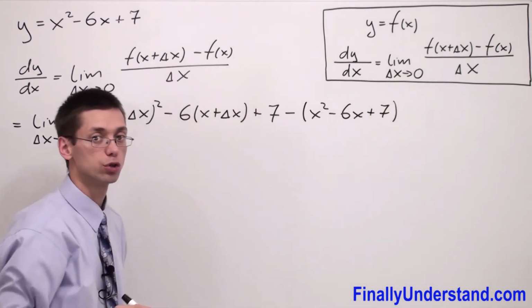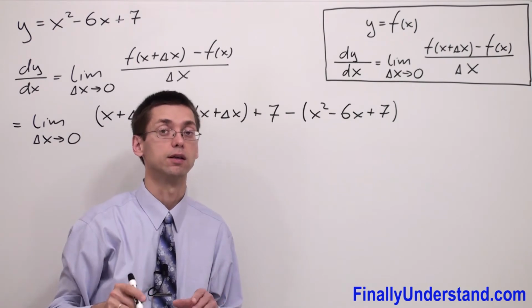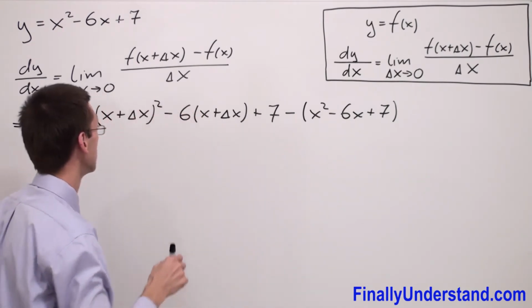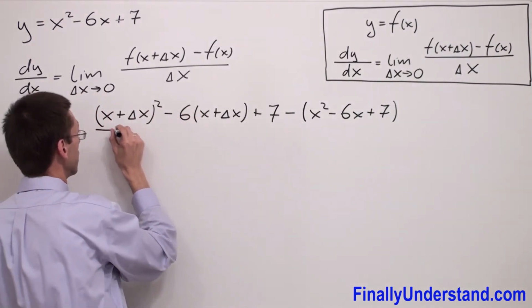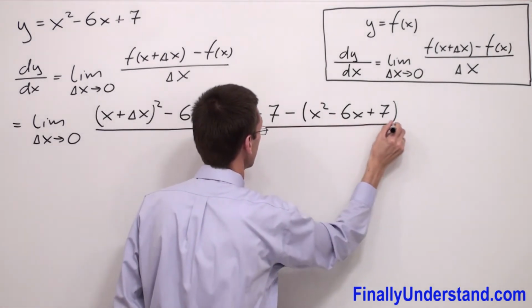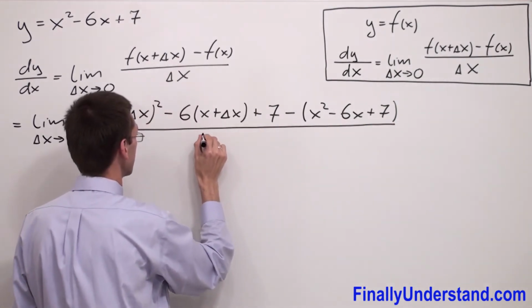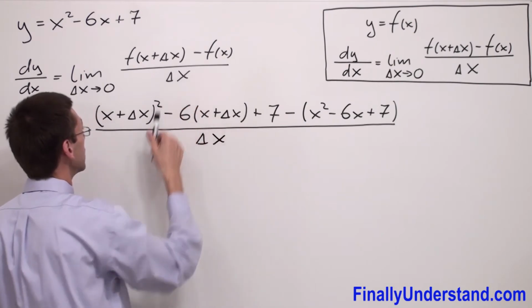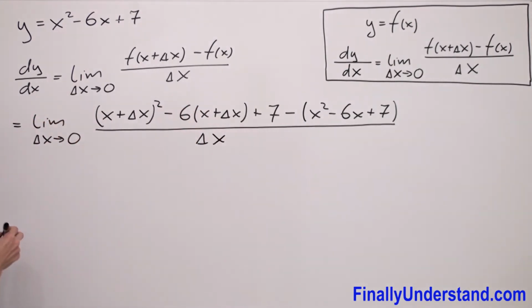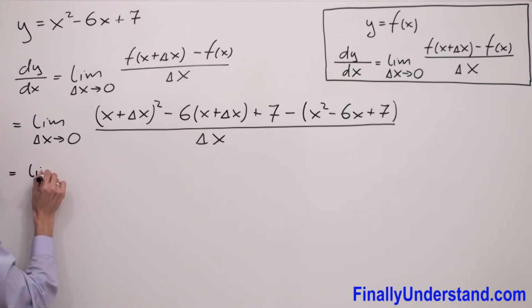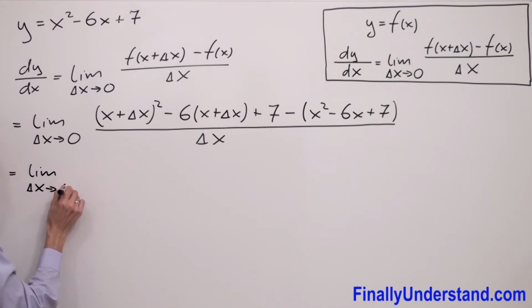This is very important to do everything step by step, especially at the beginning. So everything divided by delta x. Next, we're supposed to organize the numerator. So we have, again, limit. Don't forget about delta x approaches 0.